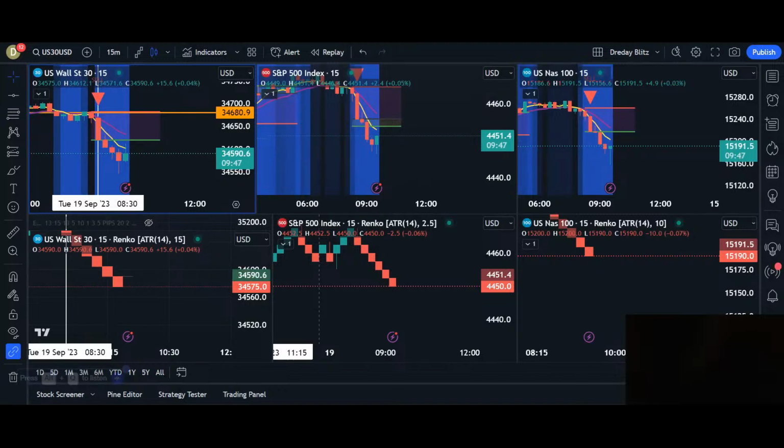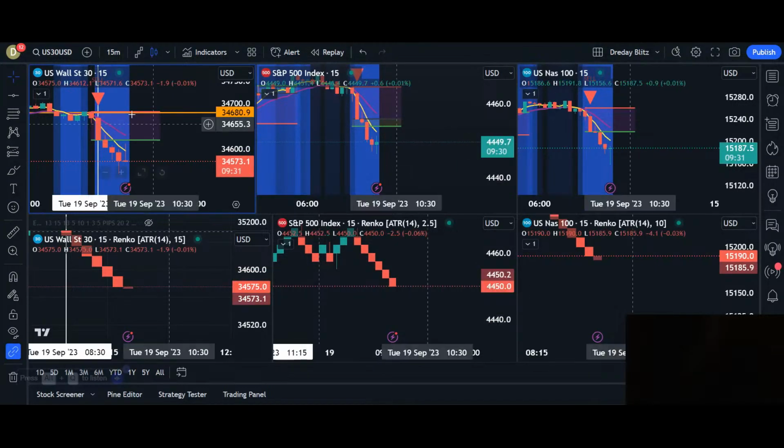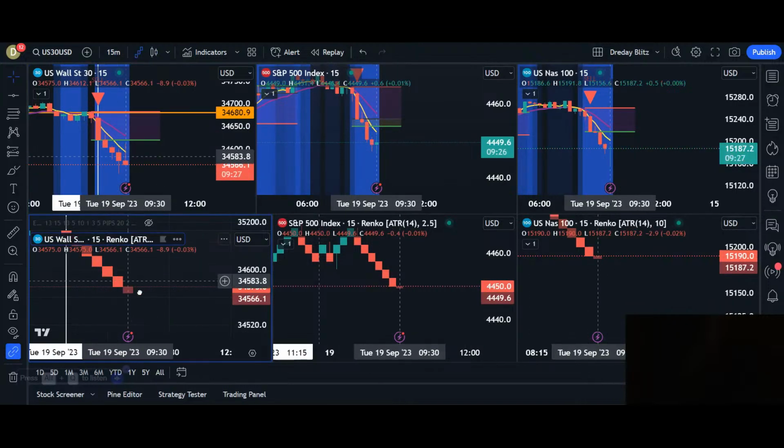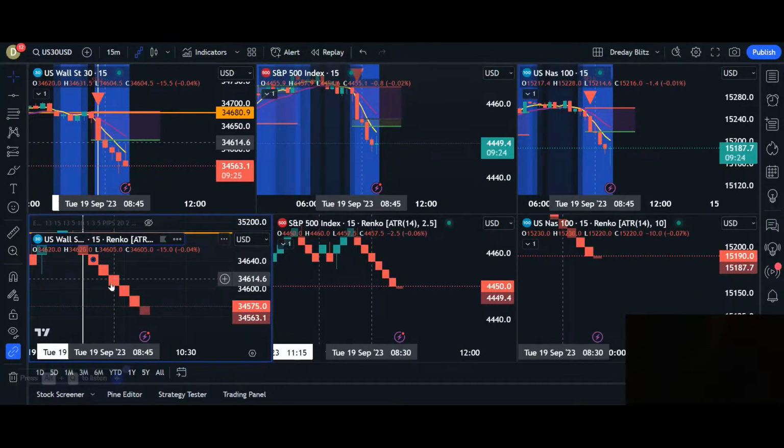So the way it works is that you take the trade when you get an entry signal. For example, what you're seeing on US 30, and then you put your stop loss using the Renko bars.